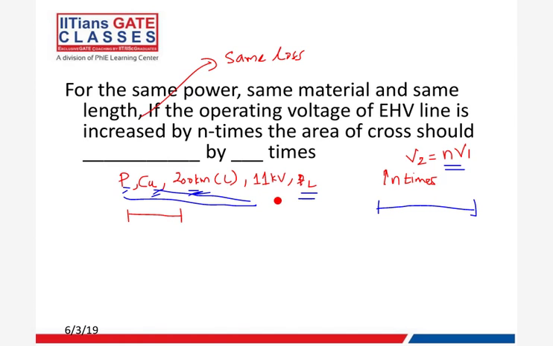So let's look at it. We know P is equal to V I cos phi, therefore I is equal to P divided by V cos phi. And what do we know about loss?